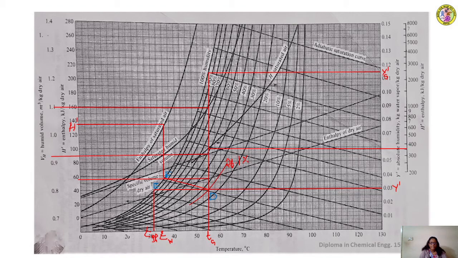This line is meeting again the 100% saturation line at a higher point, from where you have obtained another characteristic, that is the humidity of the given sample at saturated condition. So Ys dash is obtained again on the y-axis as you can see here. That Ys dash corresponds to some point around 0.15 kg water per kg dry air.